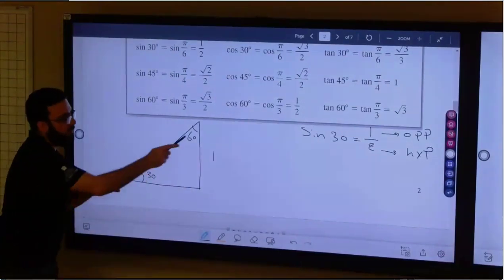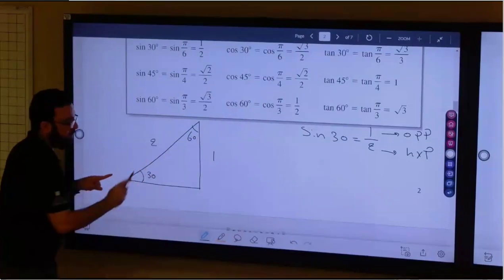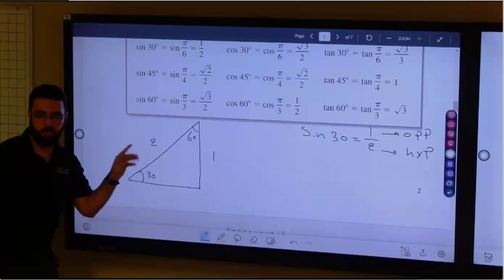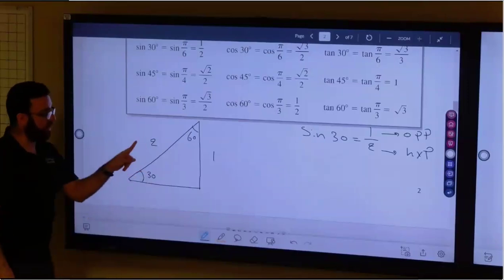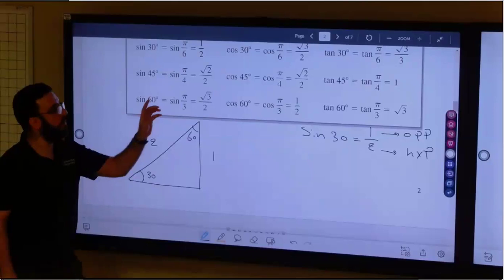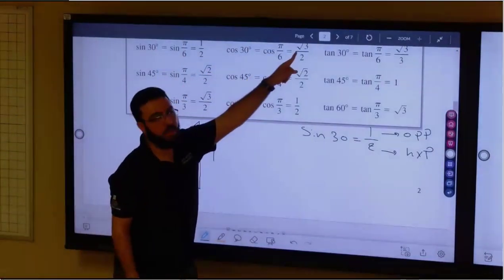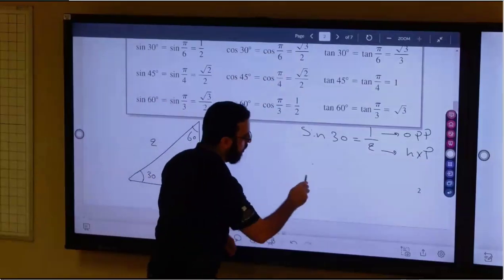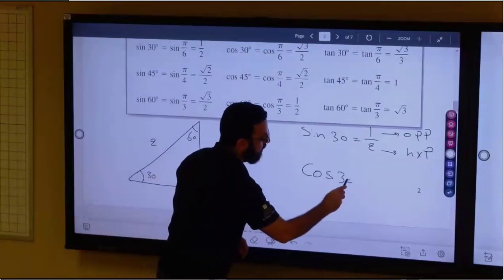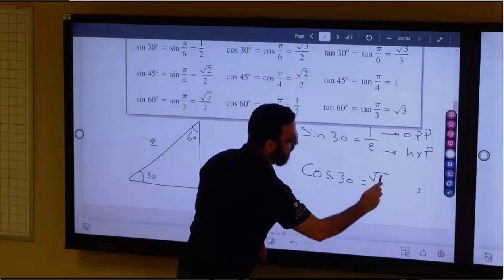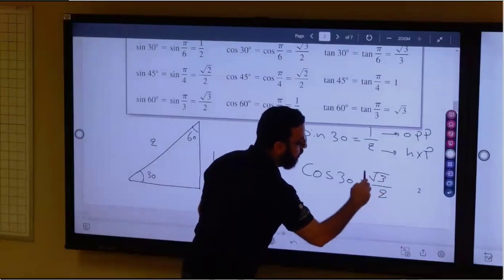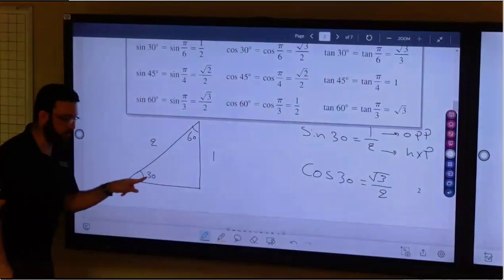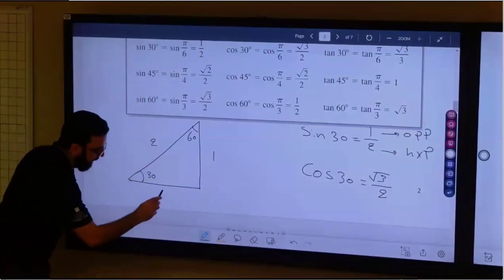Where is the hypotenuse for theta? So sine theta is going to be 1/2. You got it? Now, with the same angle, what's the cosine for theta? Cosine theta is square root of 3 over 2. That means, where is the adjacent for theta? So here it is.